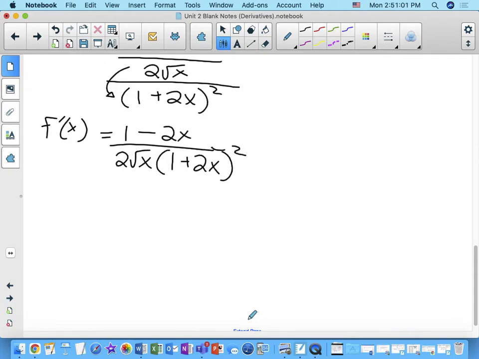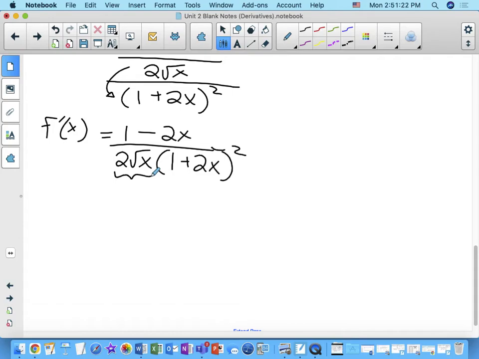But in fact, that doesn't even matter, because from this factor here, x has to be greater than 0, and it can't equal 0. Because if it equals 0, the fact that this is in the denominator means that I'm going to put a 0 in my denominator.